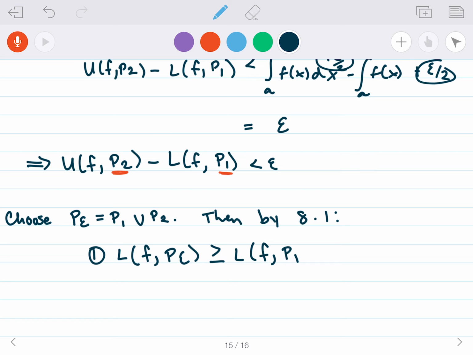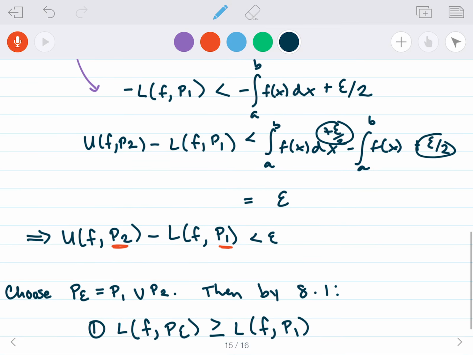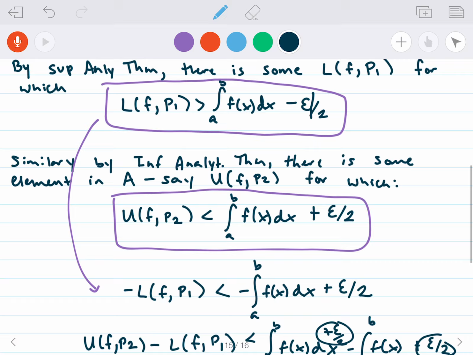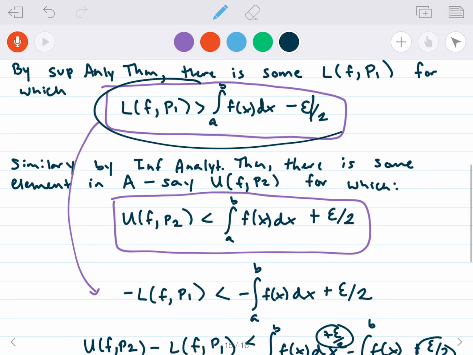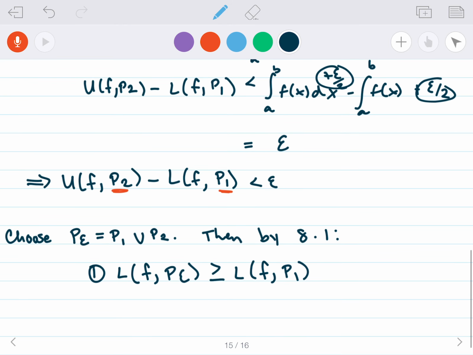So refinements give a better approximation of the integral. And here this is greater than the integral of f of x dx minus epsilon over 2.